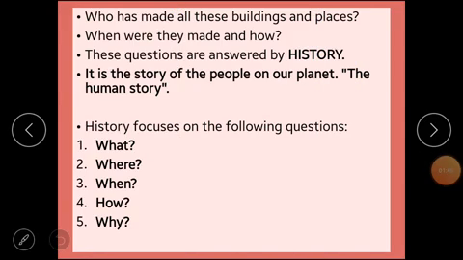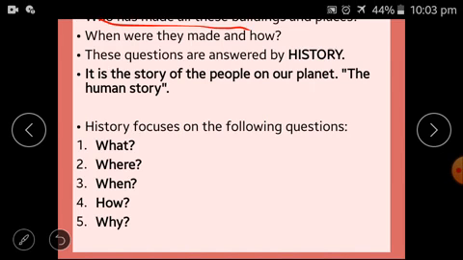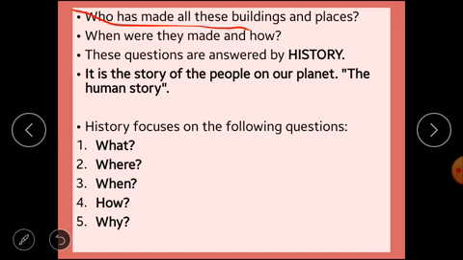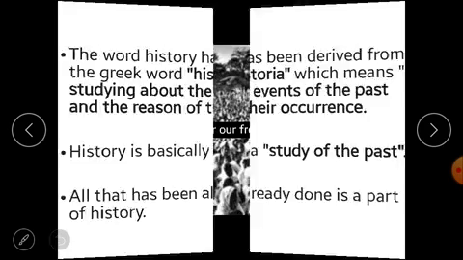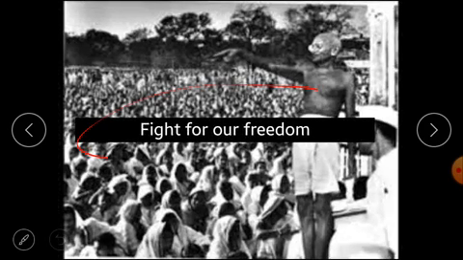Did you ever think as to who has made all these places, these buildings, and these objects? When did they come into existence, and how were they formed? Or if we talk about our freedom struggle from the Britishers, how did you know that it was there in the past?